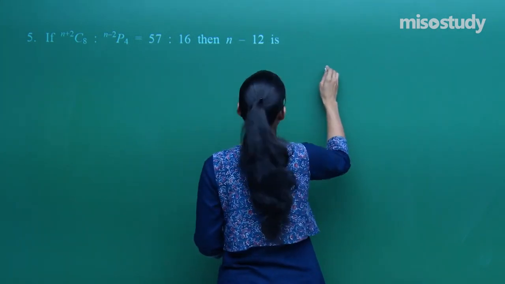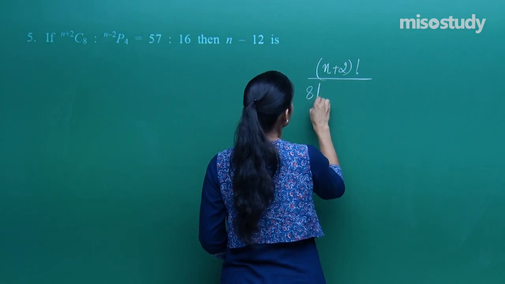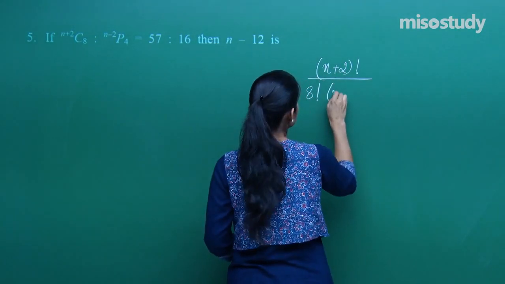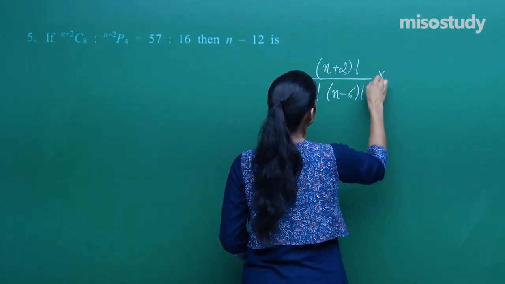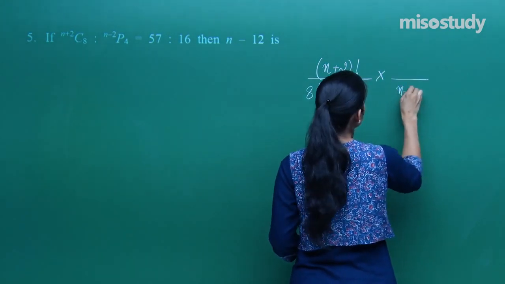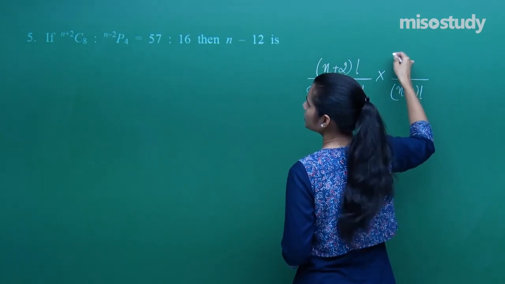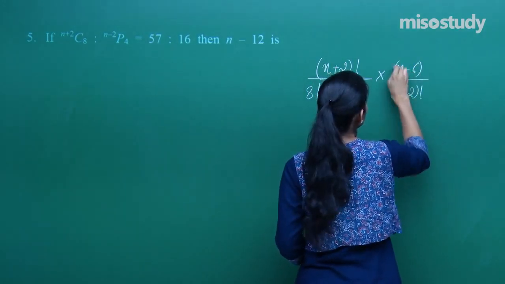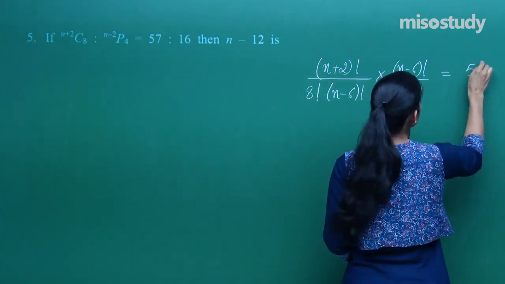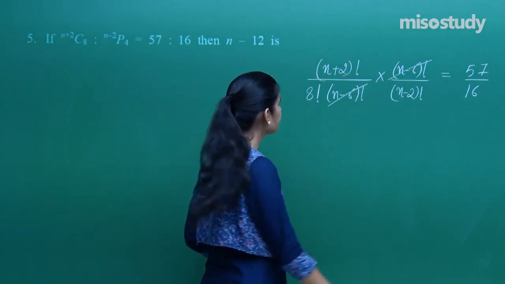Okay, so n plus 2 C8, that means n plus 2 factorial upon 8 factorial into n plus 2 minus 8, which is n minus 6 factorial, whole upon n minus 2 P4, which is n minus 2 factorial upon n minus 2 minus 4, which is n minus 6 factorial. Right? This is equal to 57 by 16.